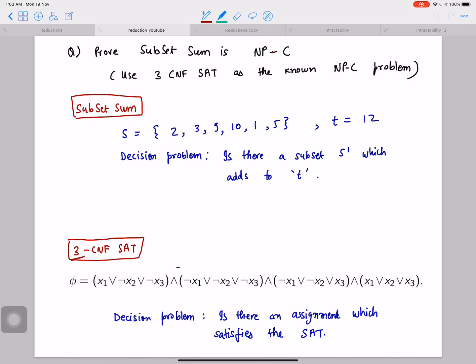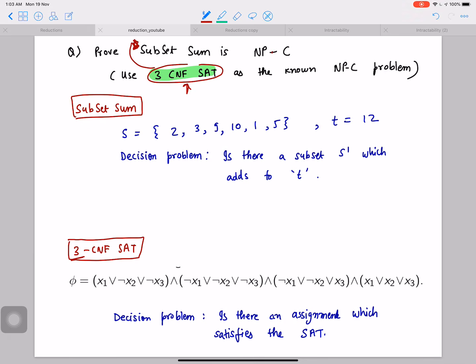Let us try to now prove that subset sum is NP complete. Let me briefly tell you what the subset sum is, and we will use a known NP complete problem called 3 CNF SAT and reduce the 3 CNF SAT to subset sum.